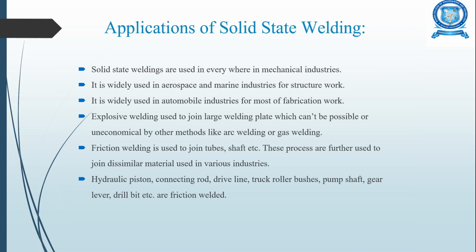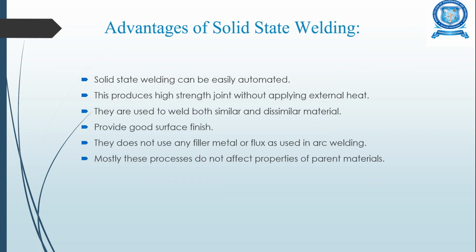For joining tubes, shafts, etc., you go for friction welding, which is also used to join dissimilar metals in various industries. Hydraulic pistons, connecting rods, drive lines, truck rollers, bushes, pumps, shafts, gears, levers, drill bits, etc., are welded by friction welding.